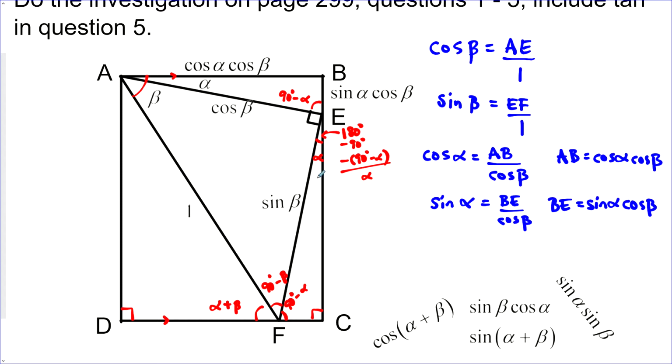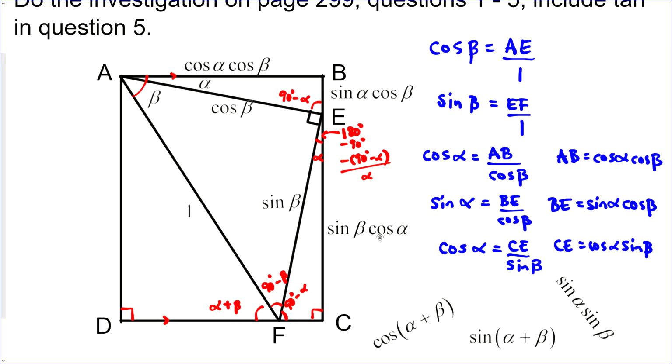That one we can use alpha, so that would be an adjacent side. Cos alpha is equal to the adjacent side, CE, over the hypotenuse, which is sine beta. And then rearranging, we get that CE is cos alpha times sine beta, which would be this one. Next, we can do the same for side FC.